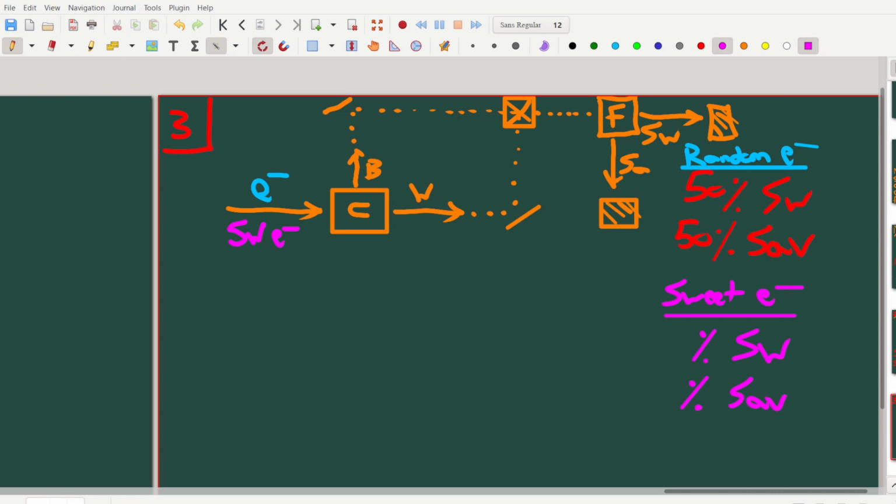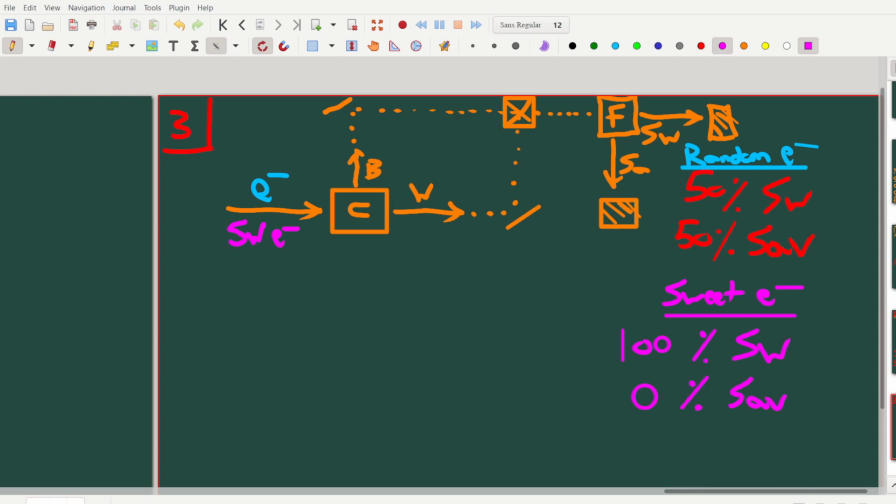What's that? 100%. Of course. They're all sweet, right? We've already determined that. Why would it change? And if we put a savory electron through, we get the opposite result. 100% are savory.